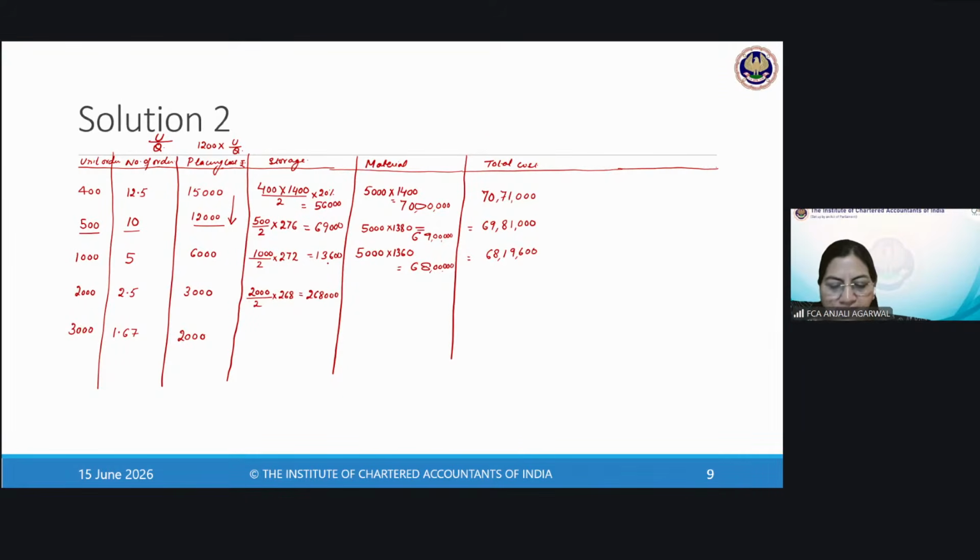Just let me check this calculation. 272 into 500. This is 1,36,000. So 68, 69, 36. That's 6,000. 69 lakh 42,000.